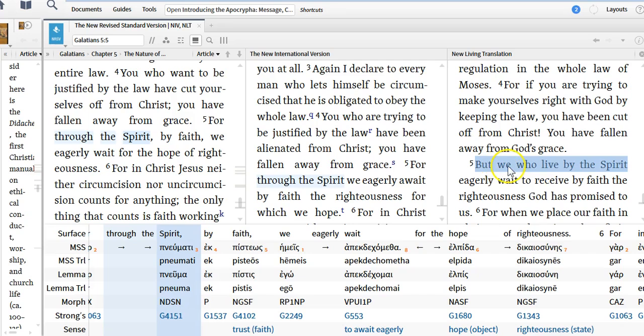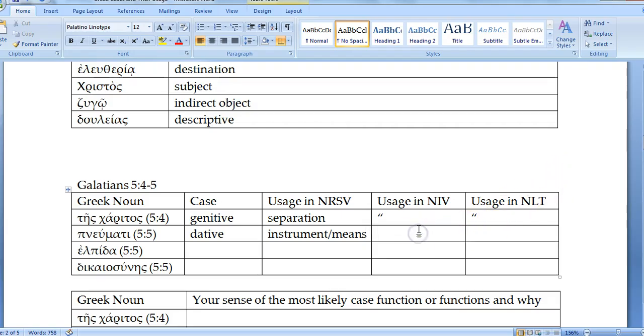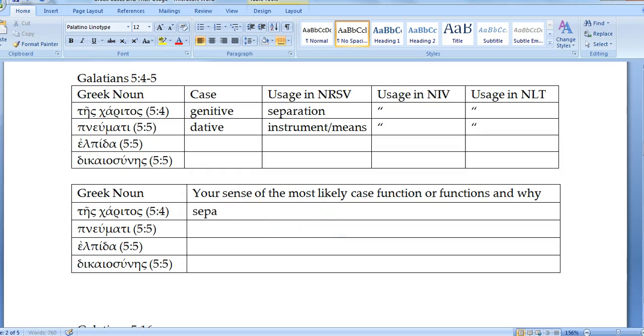And so it does add, but we who live, or really just who live, because we is already here in the Greek, to make even clearer what through the Spirit means. By the Spirit is another rendering of a dative of instrument or a dative of means. So they all agree, essentially, in regard to how pneumati is used.